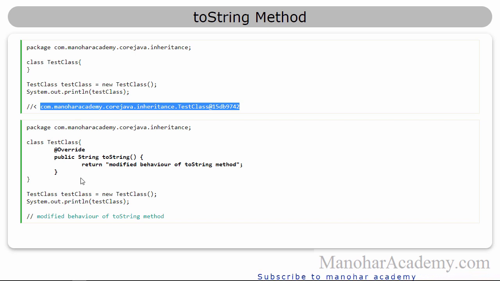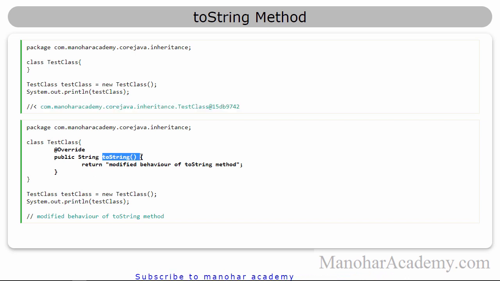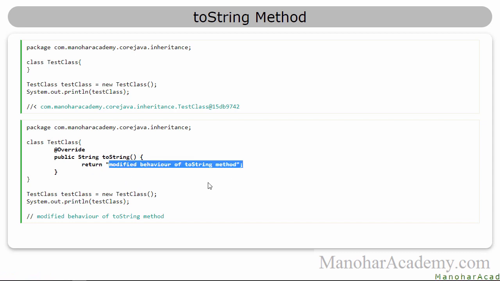If we want to print something meaningful, we can override the toString method and return a string that conveys the state of the object. You can create a string that has the values from the fields, then return that string in the toString method.